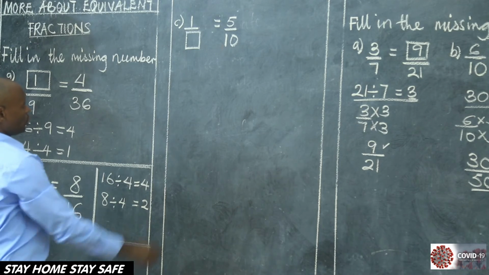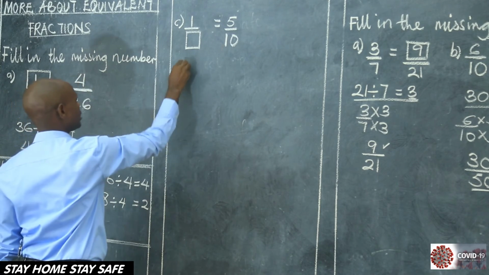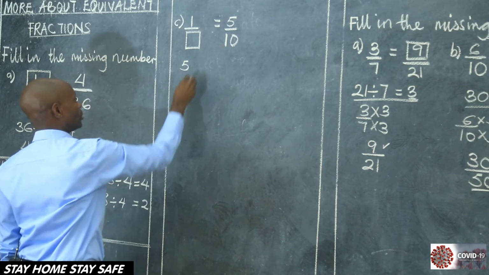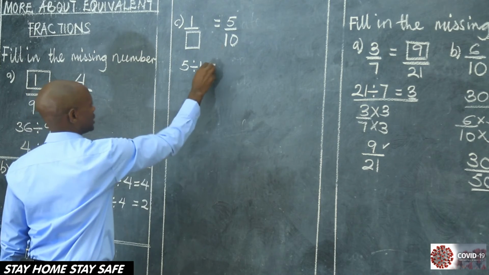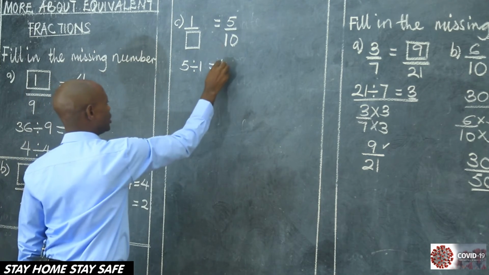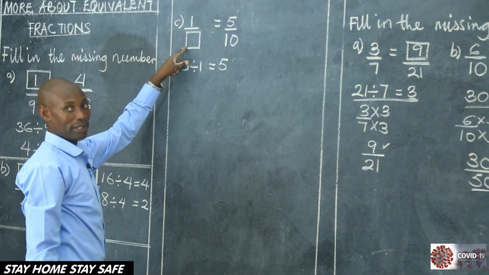Okay? So we have numerators given. So we get the bigger numerator, which is 5. We divide it by 1 if we had followed the procedures, and we shall remain with 5. Then we are finding the missing denominator.